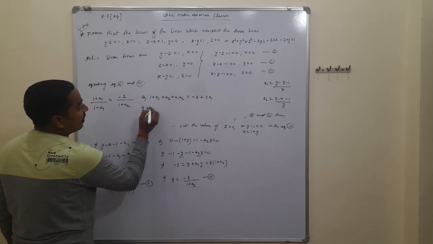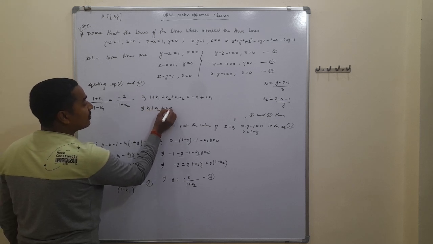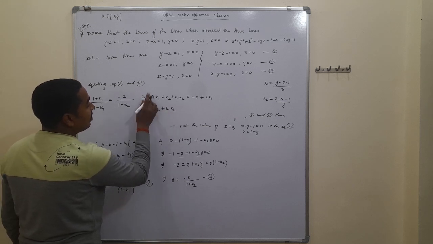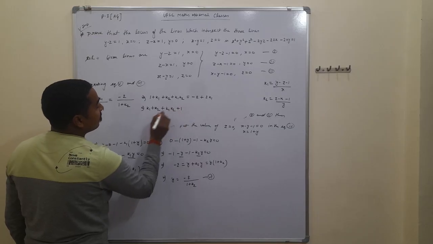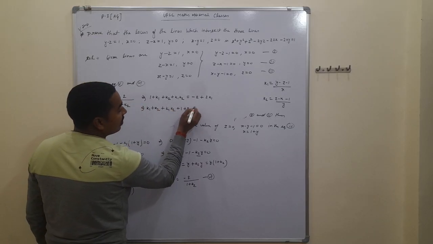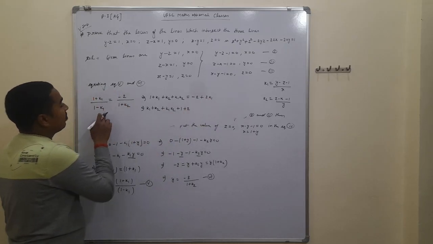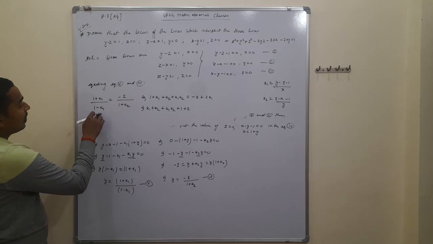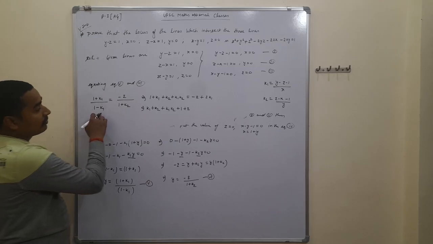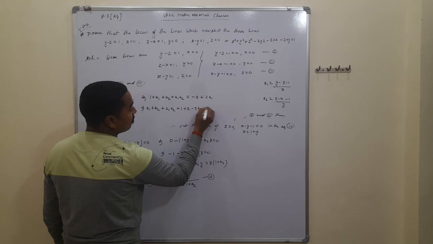That is k1 and plus k2 and plus k1 k2, and here is plus 1, and minus 2 is taken into left hand side, that is plus 2, and minus 2k1 is also taken into left hand side, that is equal to 0.